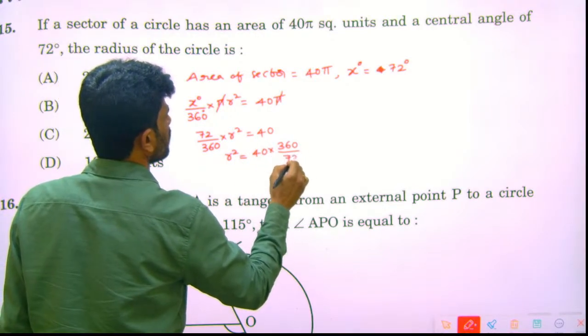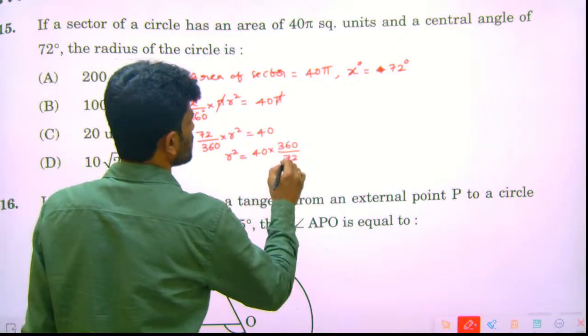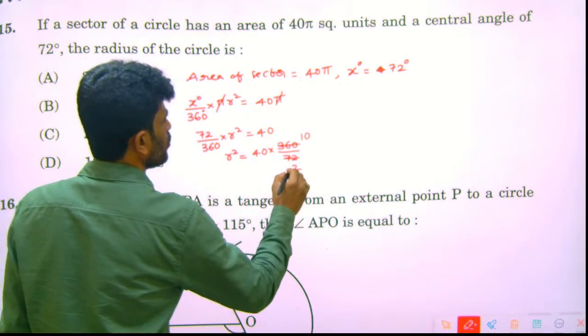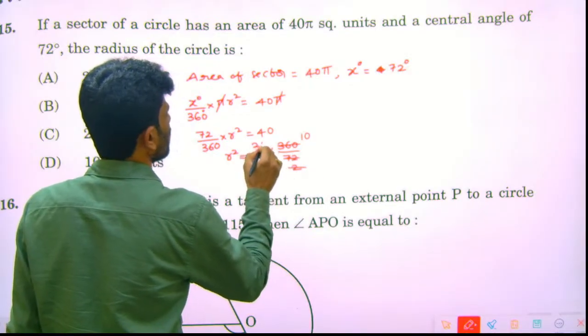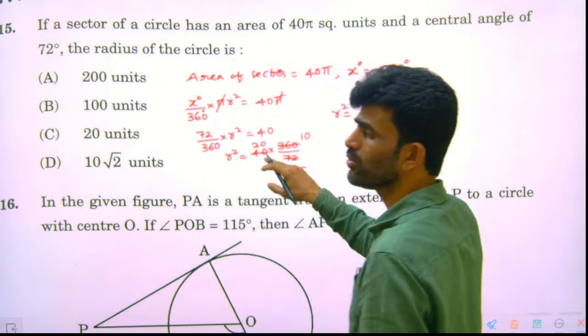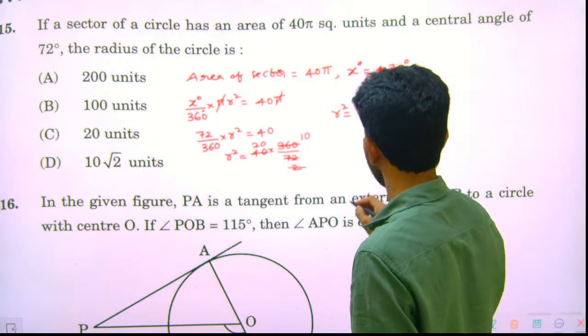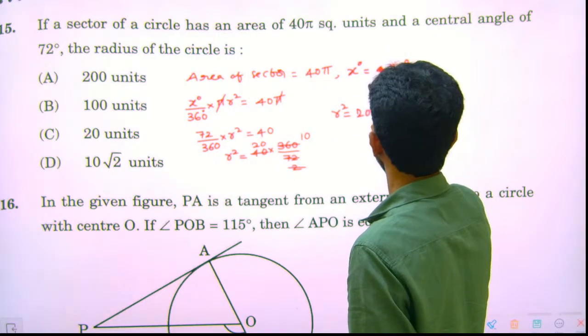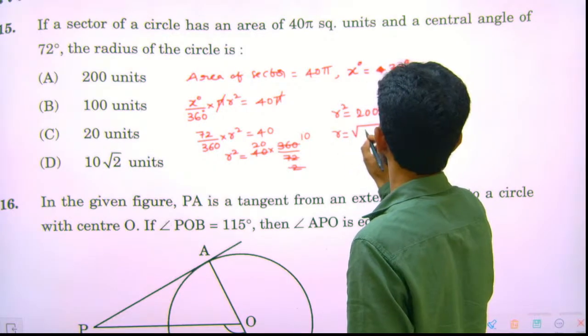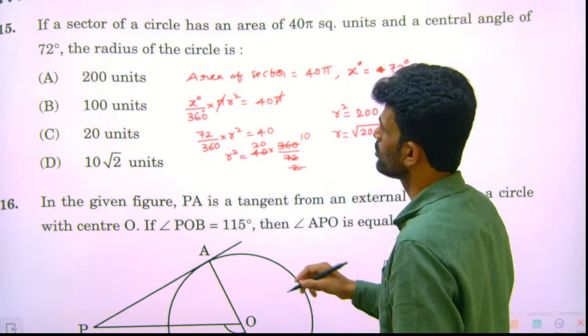Now 72 3s are 36, 72 5s are 360, so r square is equal to 20 into 10, 20 into 10 is 200. But 200 is not a square number, so r is root of 200. Do you have option root of 200 there?